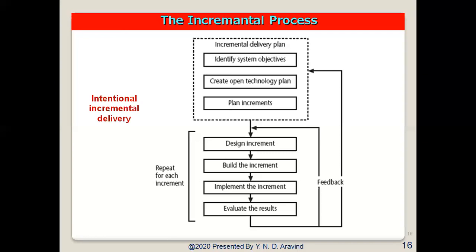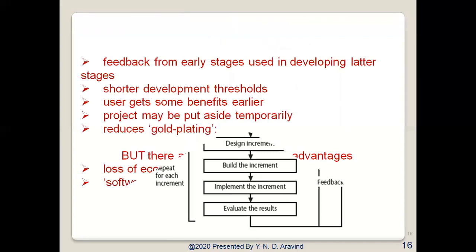The planned increment helps us develop the nature and order of the increments to be delivered to the users. We have to plan this at the outset. Then we need to go for this particular incremental model.